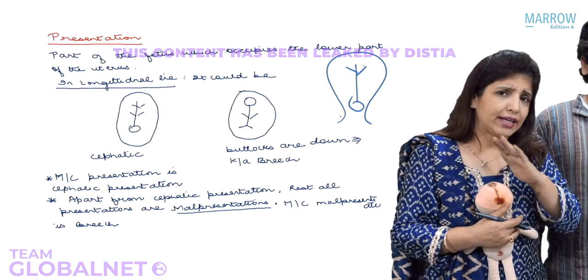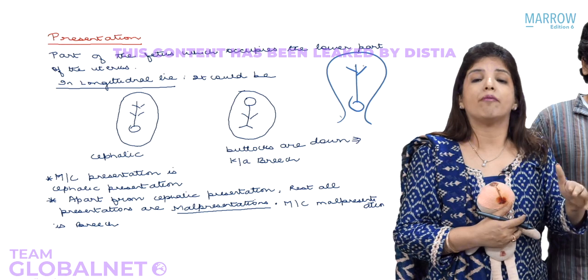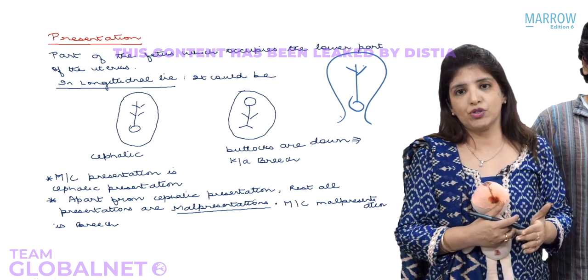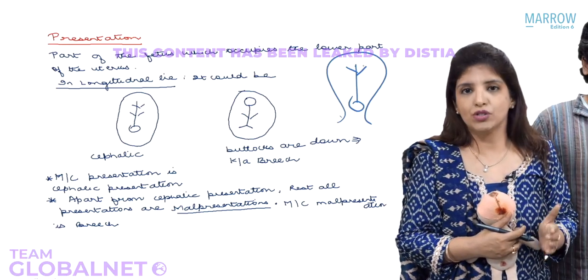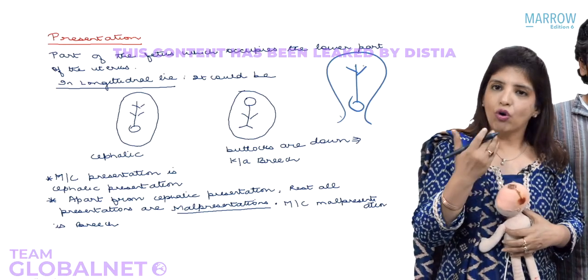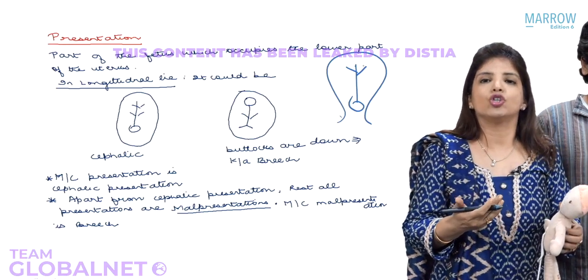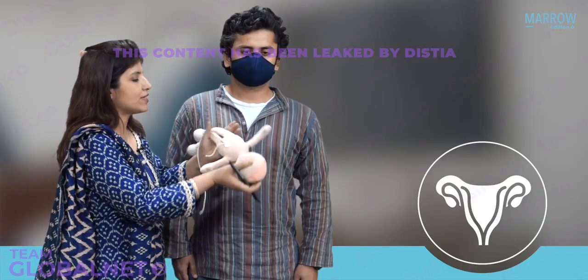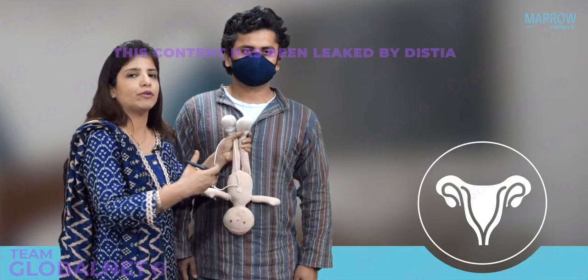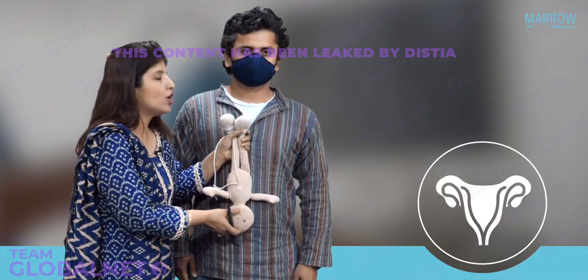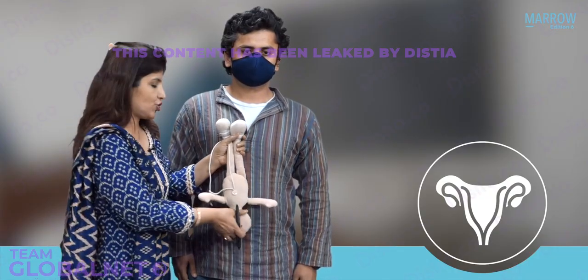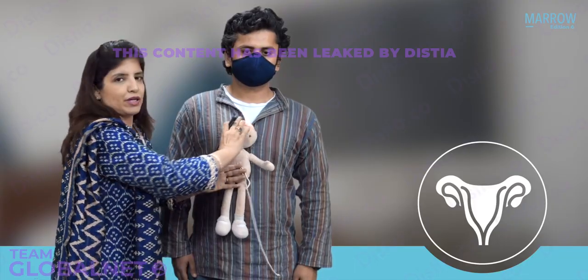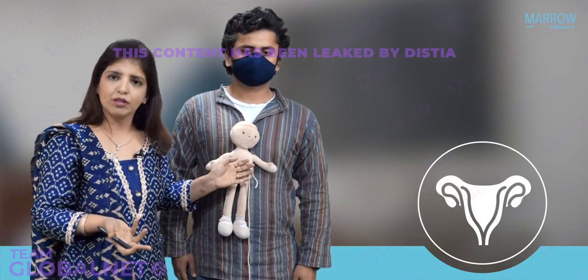If there is any other presentation apart from cephalic presentation, that is what is called malpresentation. Now, because the most common lie is longitudinal and because cephalic is the normal presentation, if I ask you what is the most common malpresentation, it would be breech.